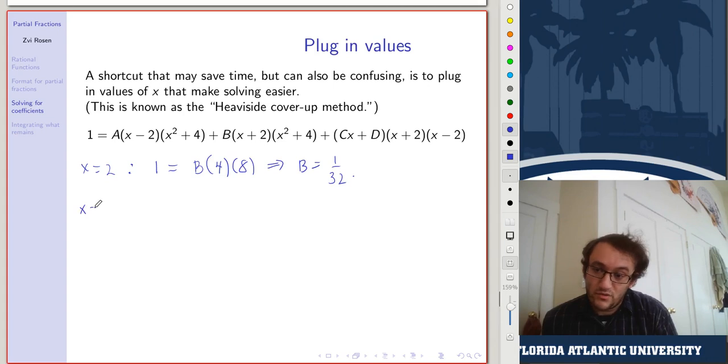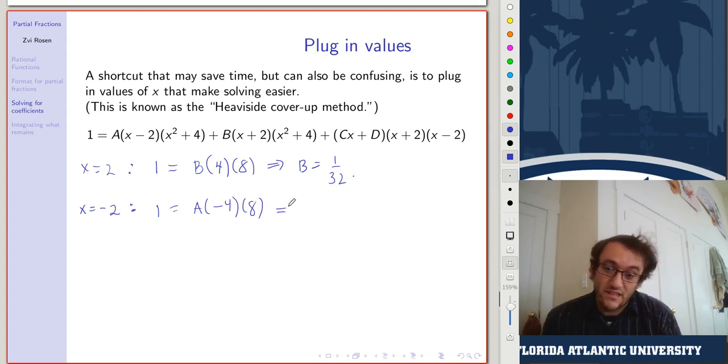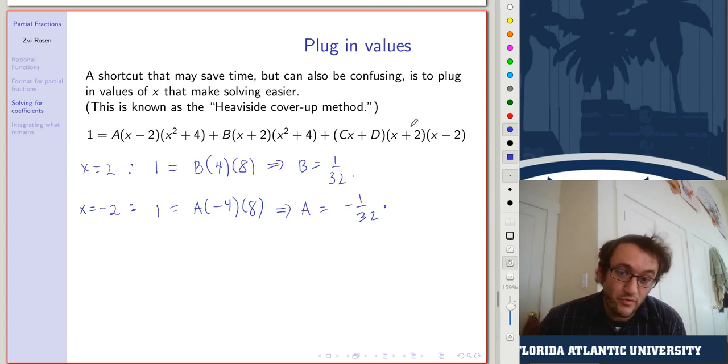Okay, I can also plug in x equals minus 2, and I get 1 equals a times minus 4 times 8, which tells me that a equals minus 1 over 32. Okay, notice that with x equals minus 2, both the second and the third term vanish because they each have a factor of x plus 2.